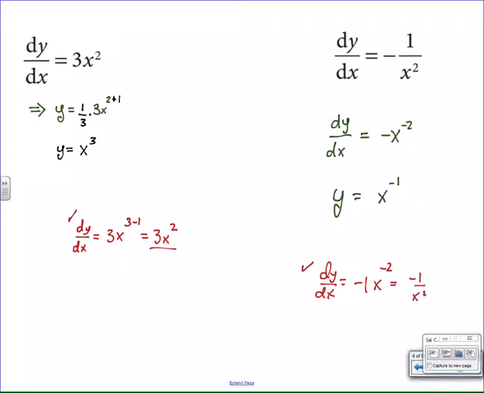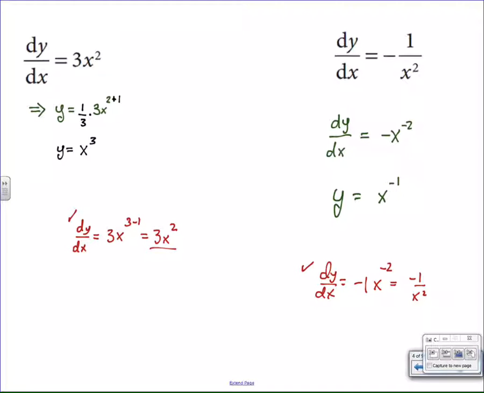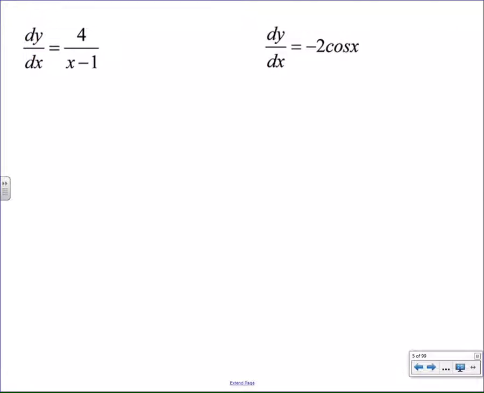If I rewrite the derivative, I get negative 1 over x squared, which matches what we started with. Take the derivative of this, you get that. It's so easy, I forgot it was there. All right.